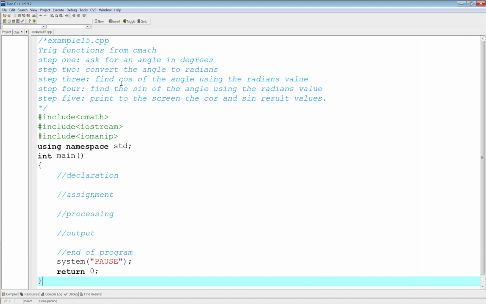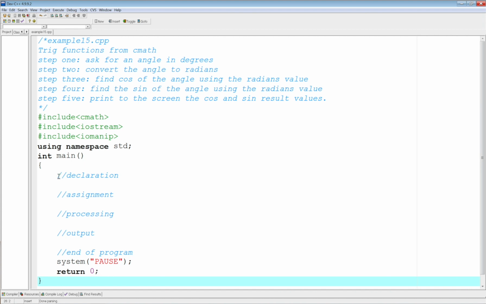Step 3, we will find the cosine of the angle using the radian values. And then step 4, we'll find the sine of the angle using the radian values. And then we'll combine the printing of the resulting values from the cosine and sine functions as our last, fifth step, out to the console or to the screen.